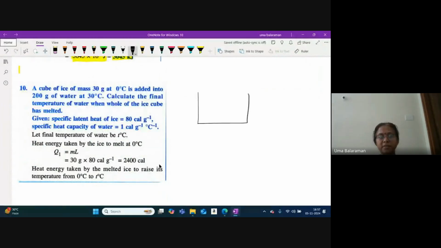A cube of ice of mass 30 grams at 0 degrees Celsius is added into 200 gram of water at 30 degrees Celsius.